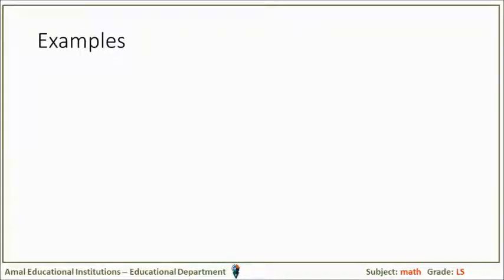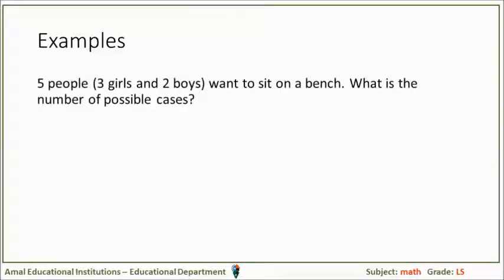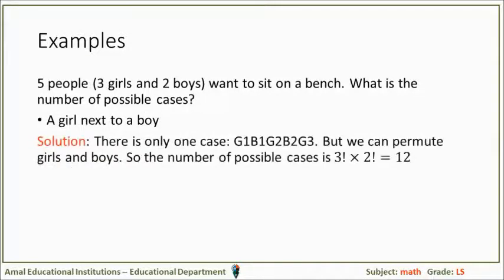Here I will give you some examples. If we have 5 people, 3 girls and 2 boys, who want to sit on a bench, what is the number of the possible cases such that we have a girl sitting next to a boy? Exactly, we have only one case.